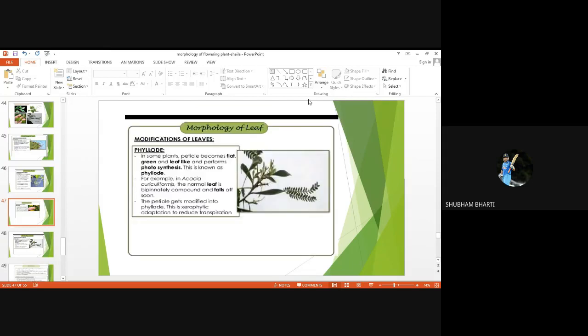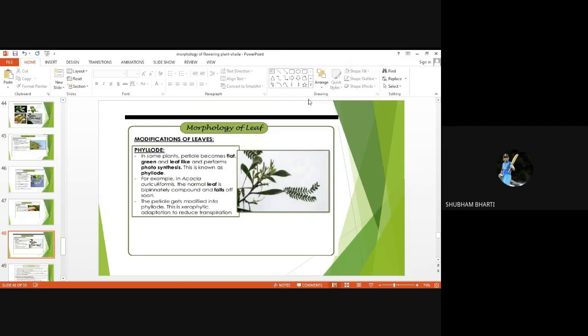And next modification is the phyllode. Phyllode: in some plants, petioles become flat, green, and leaf-like and perform photosynthesis. This is known as phyllode. For example, in Acacia auriculiformis, the normal leaf is bipinnately compound and falls off soon.